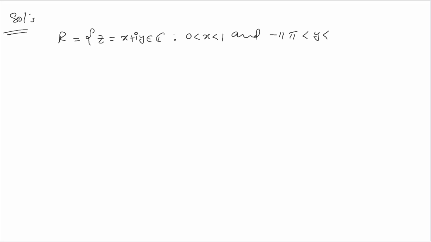by using the argument principle, firstly let me write what is given. It is given the region R, given that z equal to x plus iy in C such that 0 less than x less than 1 and minus 11 pi less than y less than 11 pi.